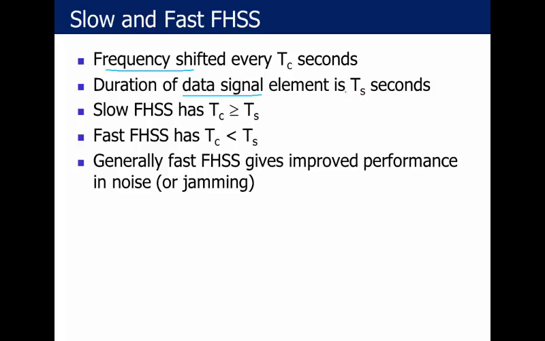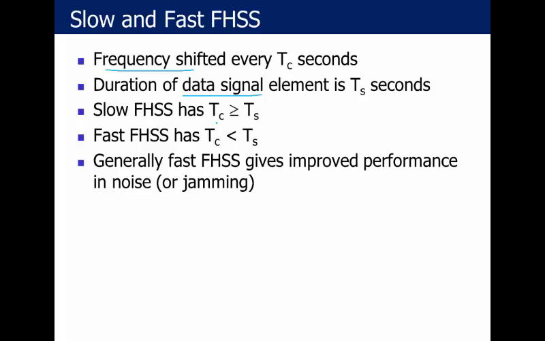So Ts is the data signal element time, and Tc is the frequency shift time. Frequency shift means, in this case, channel shift, right? From one channel to another channel and another channel. There's some time for that, and there is also time for data transmission.